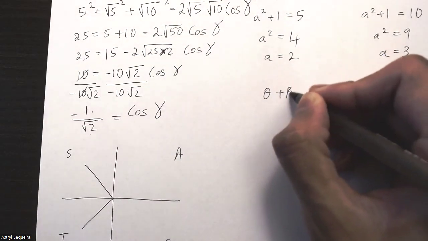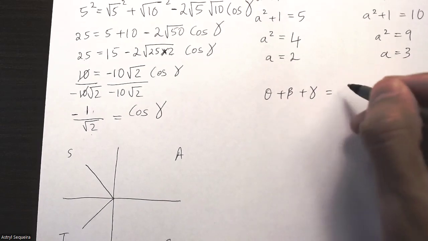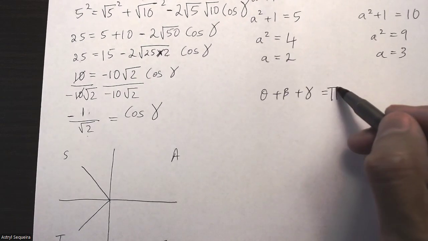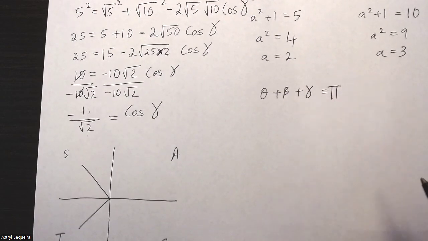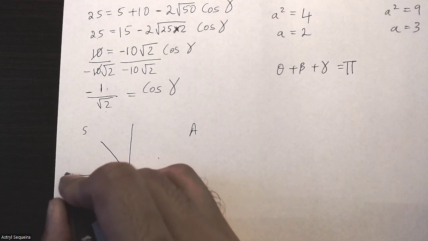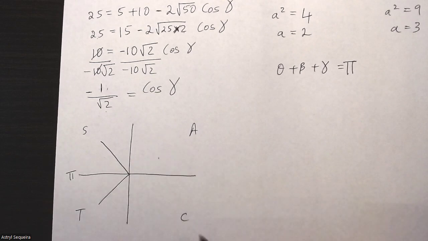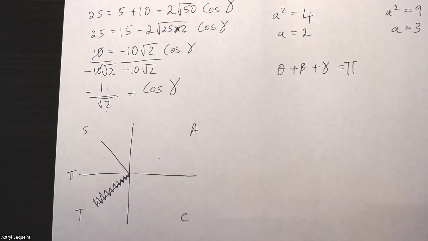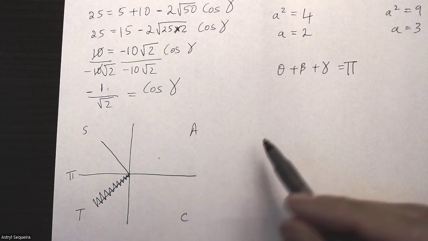Theta plus beta plus gamma has to equal pi because the total of the angles in a triangle equals pi, which means that we only need to worry about the first two quadrants because that's pi right over there, which means that we can disregard the answer from the third quadrant because the angle will be way too large to fit inside a triangle.